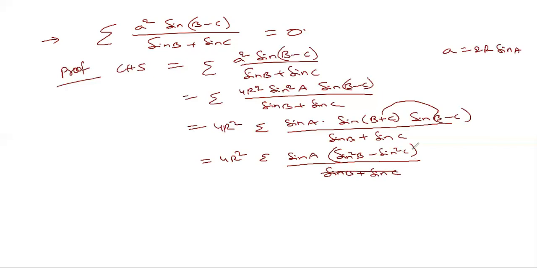So this cancels this. How many times? Sin B − sin C times. Why? Because the numerator is the a² − b² formula.